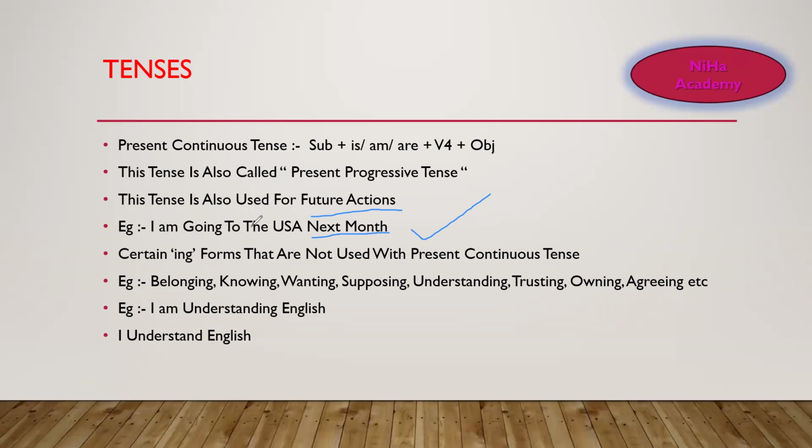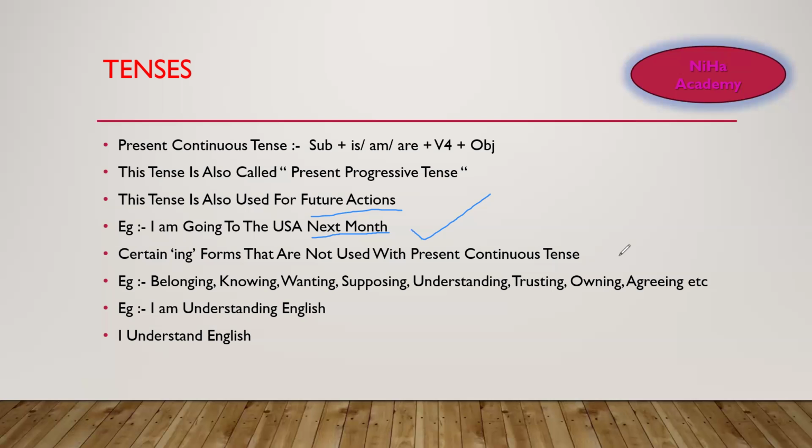Certain ing forms are not used with present continuous tense. For example: belonging, knowing, wanting, supposing, understanding, trusting, owning, agreeing. "I am understanding English" is not used, but "I understand English" is correct. "I am understanding" is not correct.